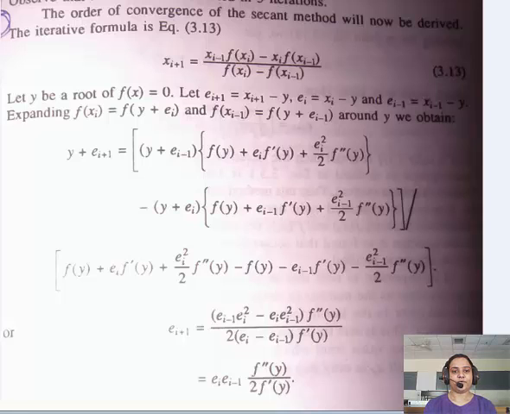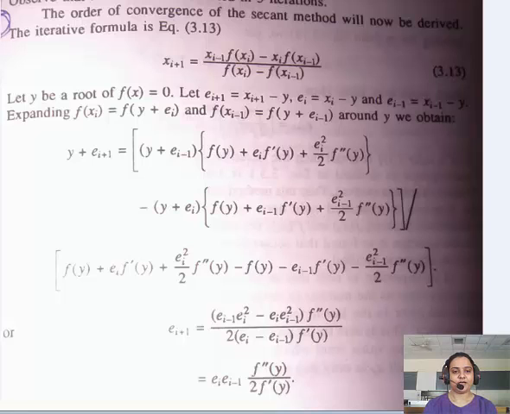After expanding f(x_i) as f(y + e_i) from the above equations, we can see that f(x_i) is equal to f(y + e_i), and f(x_{i-1}) is equal to f(y + e_{i-1}), where e is the corresponding error term around y.